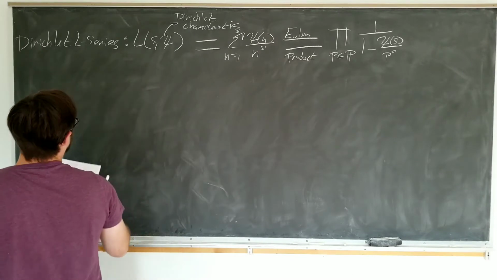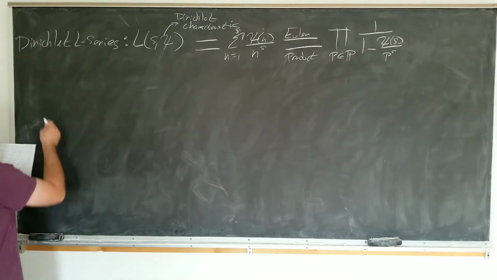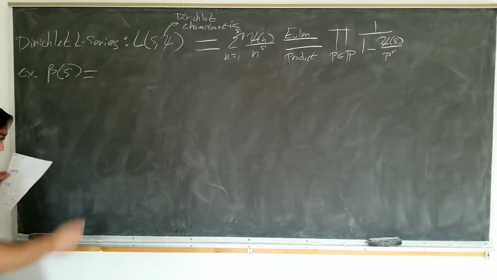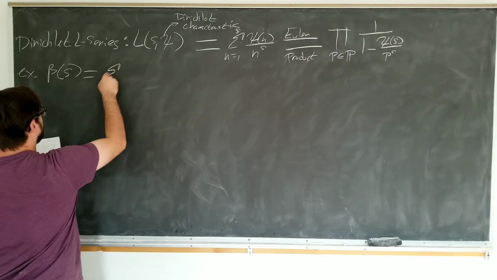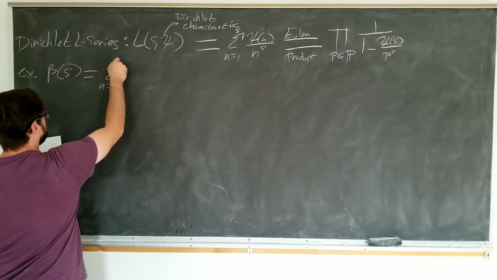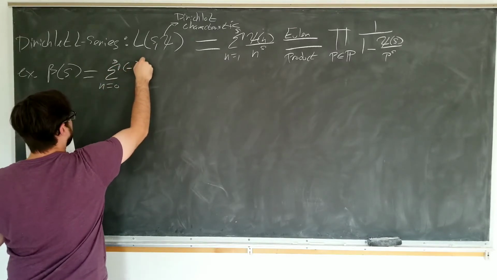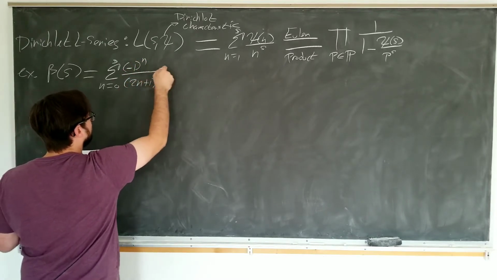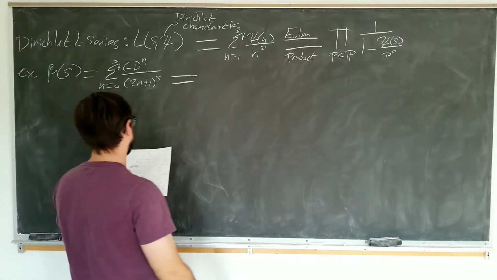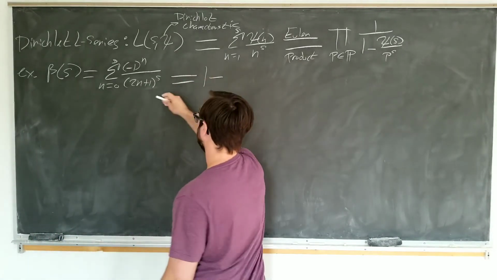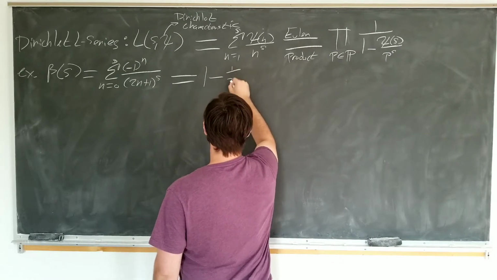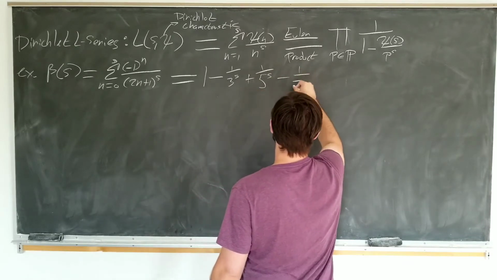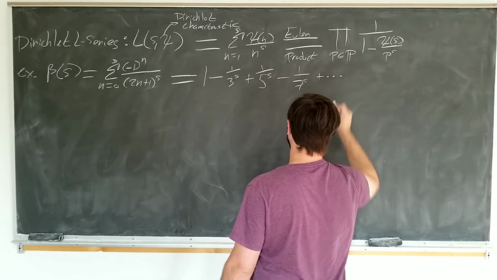Let's talk about a specific example of the L function, because what is this thing? Example one that we need is the beta function, which is defined to be the sum from n equals 0 to infinity of (-1) to the n over (2n plus 1) to the s, which we can just write as 1 over 1 to the s, now with the odd numbers on the bottom, minus 1 over 3 to the s plus 1 over 5 to the s minus 1 over 7 to the s, and this continues on indefinitely.